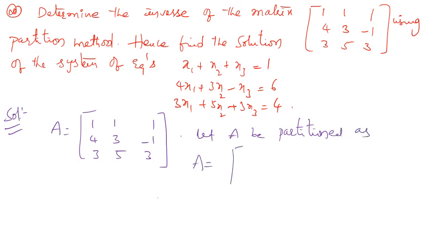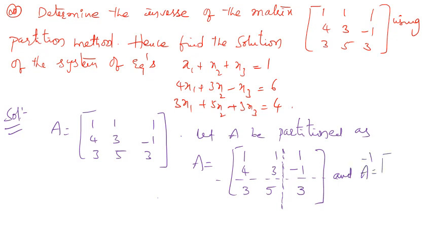I'm writing A equal to, let me take this 2 by 2 matrix as one submatrix, and this 1 minus 1 as another submatrix, and next 3 5 is another submatrix, and 3 is a 1 by 1 matrix. And what is our A inverse formula? The matrix is partitioned as x y z v. Now this is the partition, right?